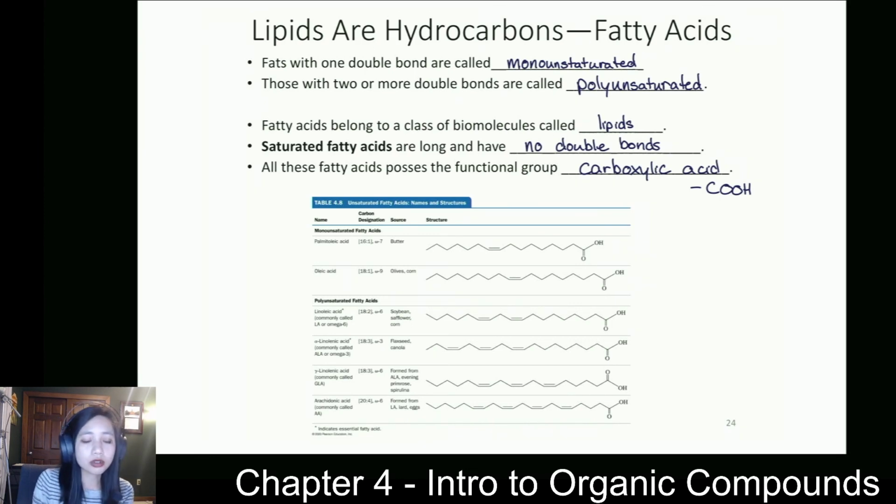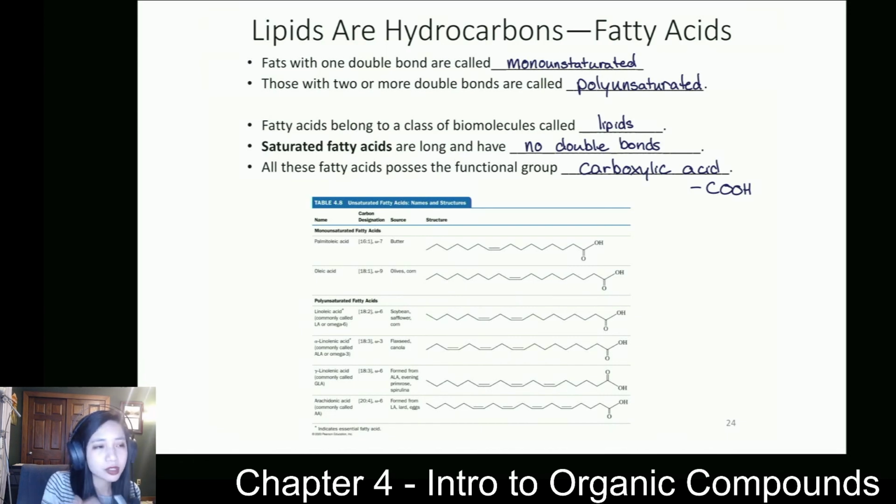And if you go to your doctor and talk about your cholesterol and good fats versus bad fats within your diet, these terms may sound familiar, and it all has to do with the structure of the molecule, mono versus polyunsaturated. They say, what's the bad fat? It's saturated fats. Saturated fats actually have no double bonds within them. Yes, saturated fats are long and have no double bonds.